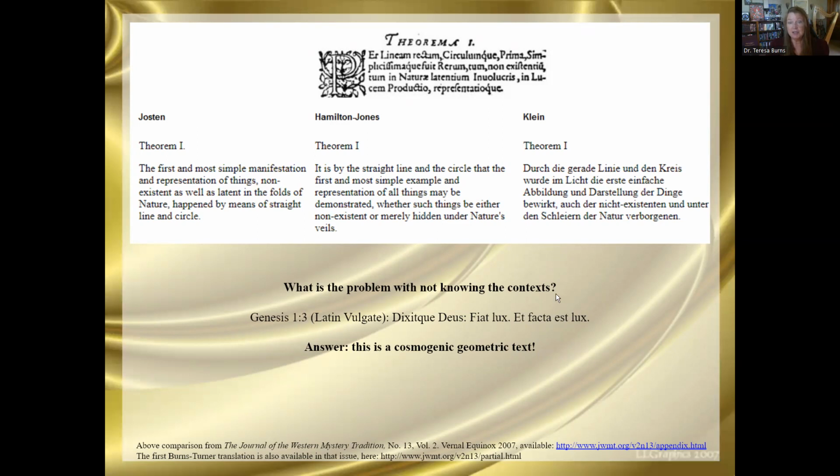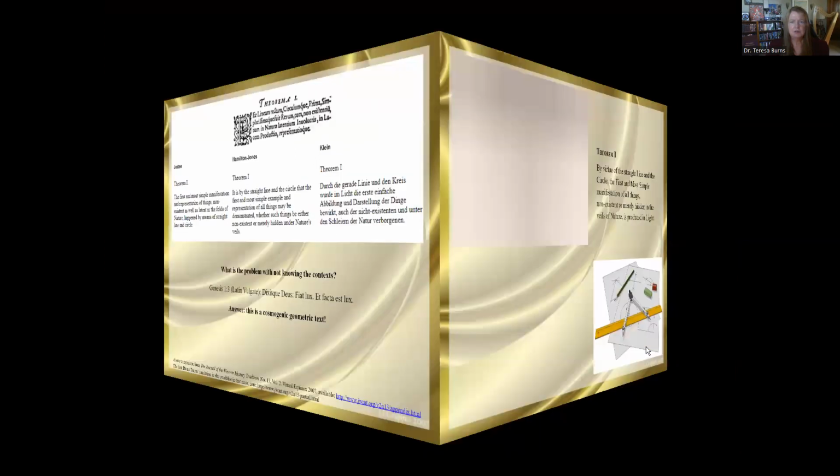So we talked about that. Also, more comparisons of different translations are at this link. This is part of an article that Dr. Turner and I did back in 2007. And also early translations of those first 17 theorems are online there.